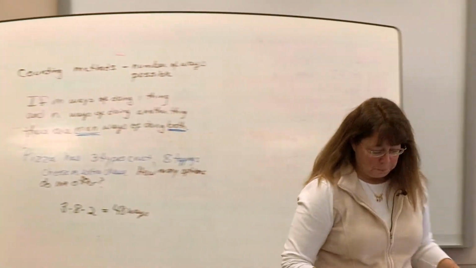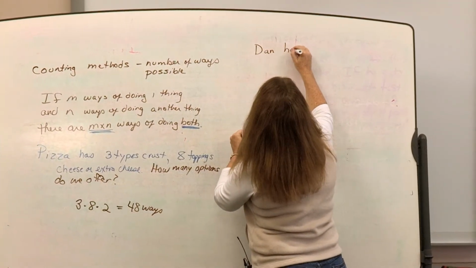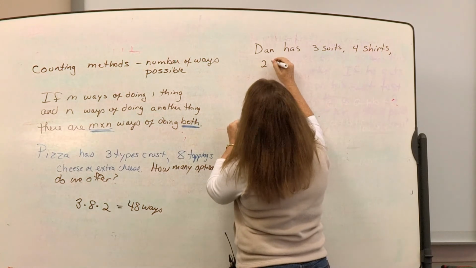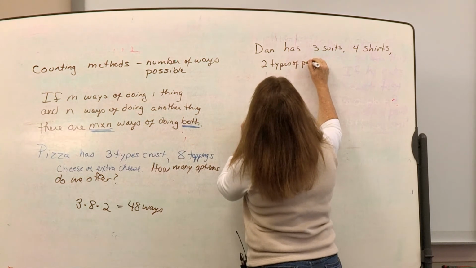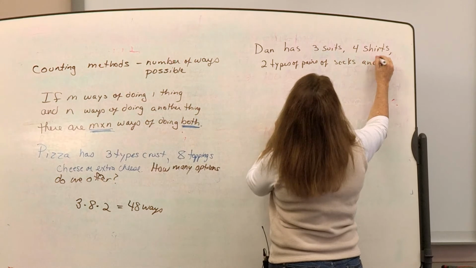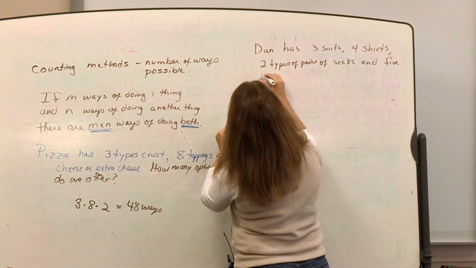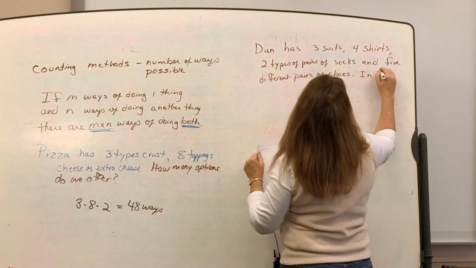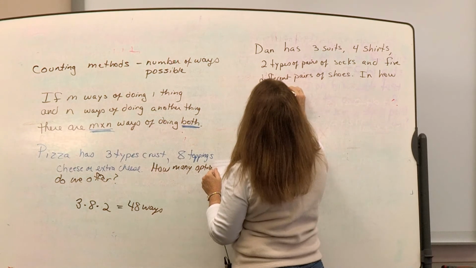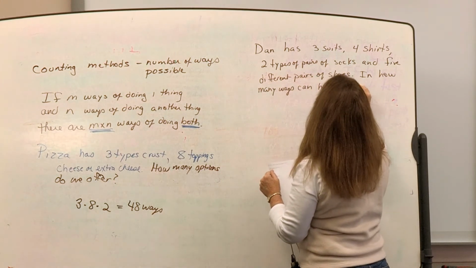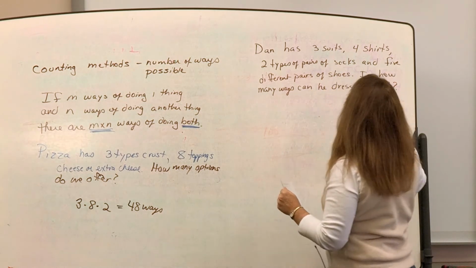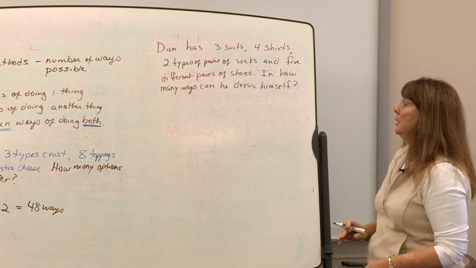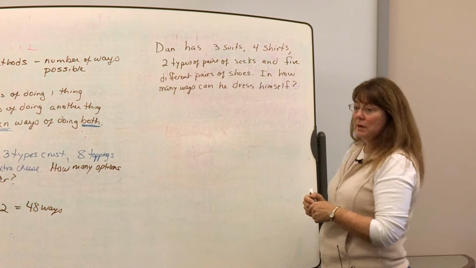So a problem. Now we're going to assume that he needs each item of clothing, and in the problem it actually says if he uses a suit, a shirt, shoes, socks, so he has to have one of everything.